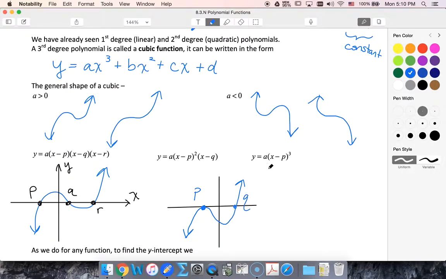If it repeats 3 times, that's when I get something that's similar to my flat shape.